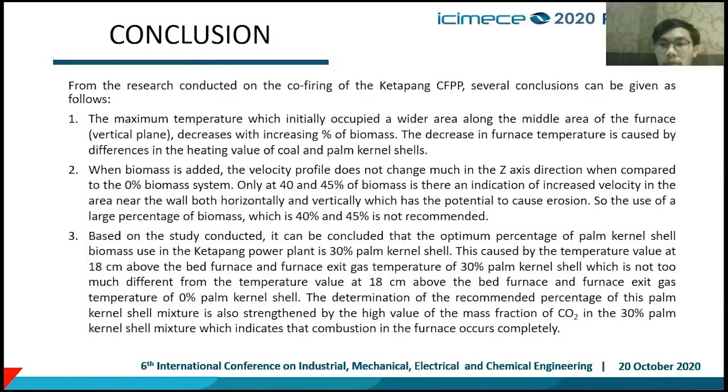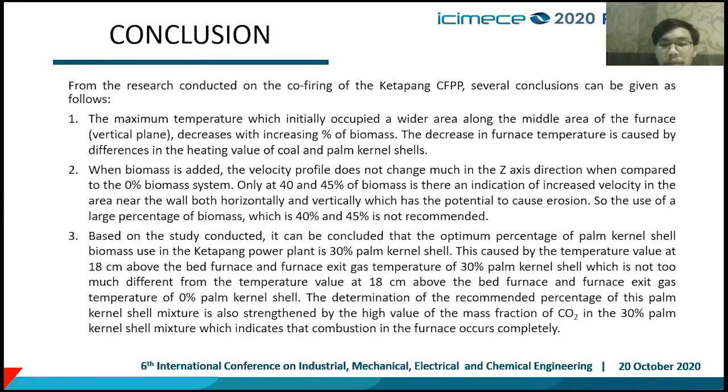From the simulation, only at 40 and 45% of biomass, there is an indication of increased velocity in the area near the wall, both horizontally and vertically, which has the potential to cause erosion. So using a large amount or percentage of biomass is not recommended.